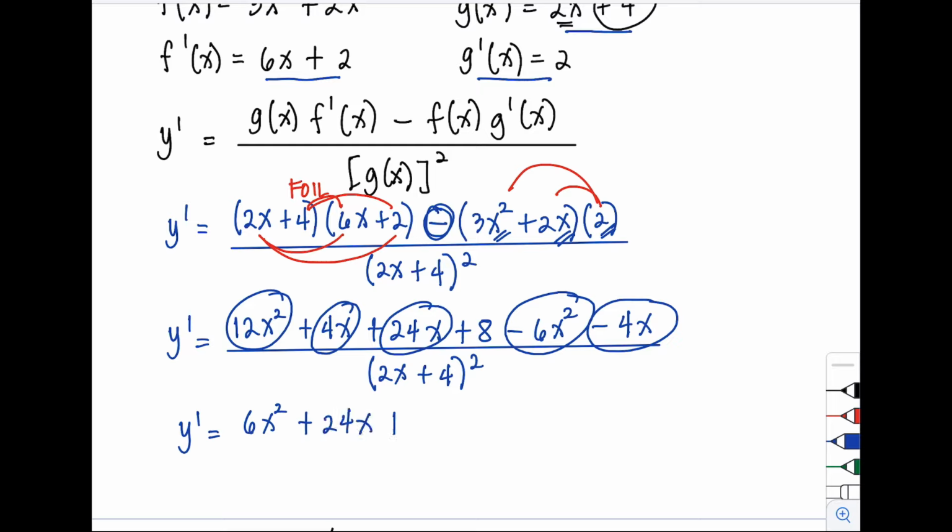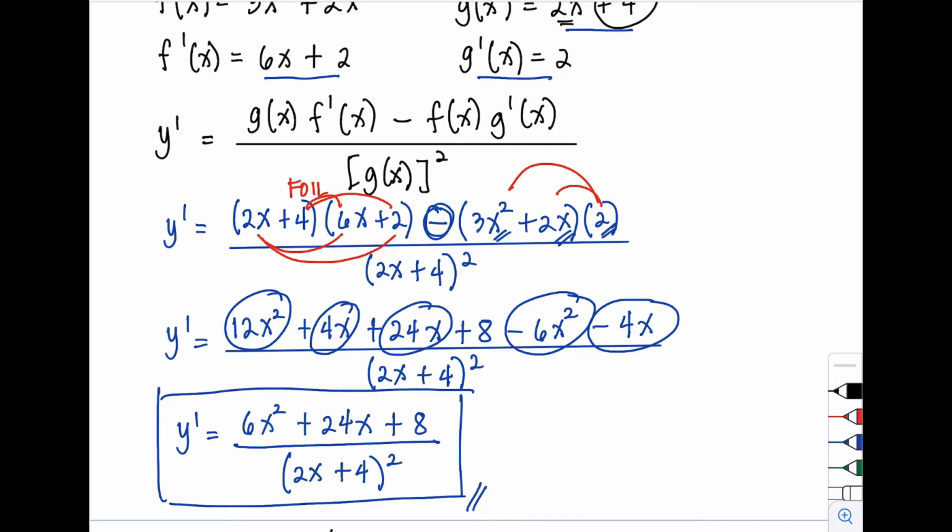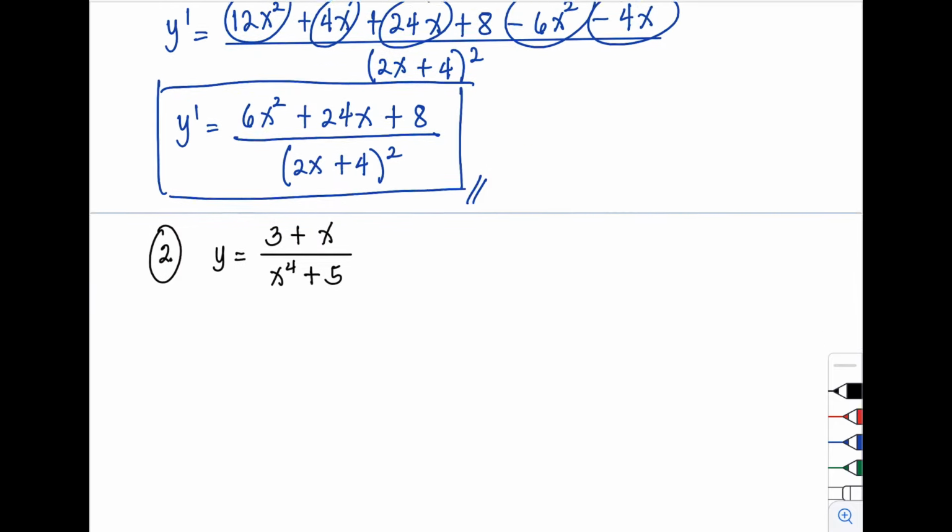Then positive 8 all over, this is 2x plus 4 square. Okay, so ito na ngayon guys yung ating derivative ng ating given function. Nakuha ba? So next, let's proceed to our example number 2.